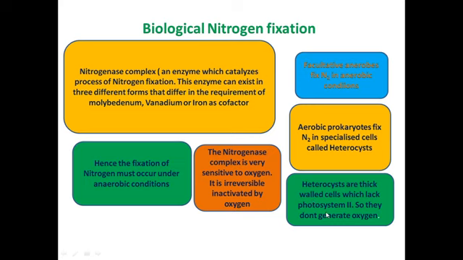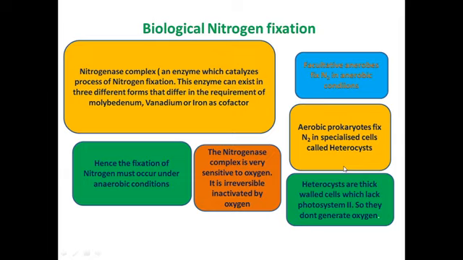So they lack photosystem II. As a result, they don't produce or generate any oxygen. As a result, nitrogen fixation occurs in these cells under anaerobic conditions. Examples of these aerobic prokaryotes are cyanobacteria, or blue green algae, you can say.